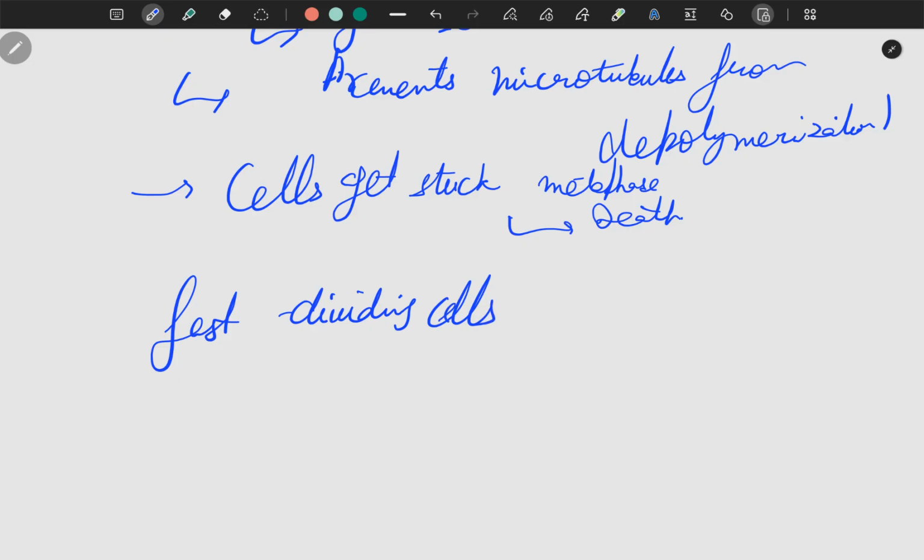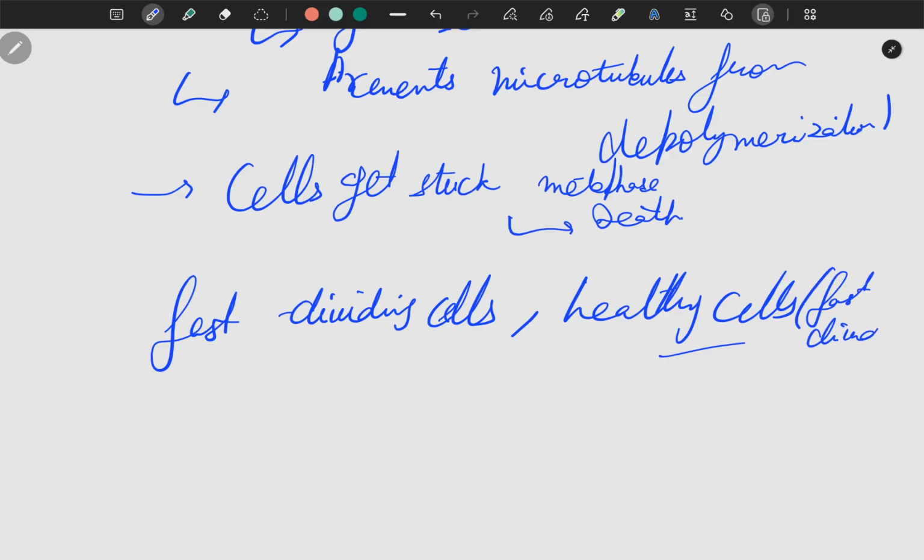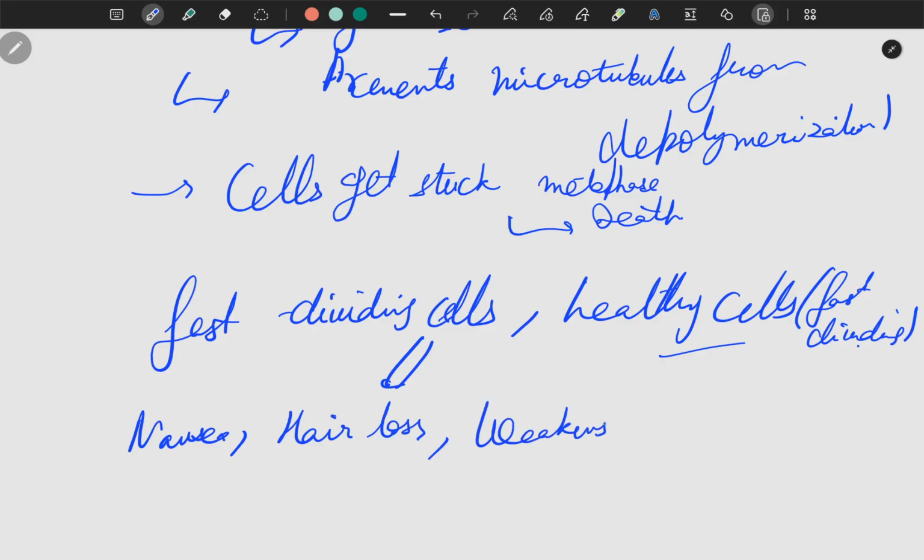The medicine doesn't know which are the healthy and which are the bad cells, so it also attacks healthy fast dividing cells, which leads to nausea, hair loss, and weakened immunity.